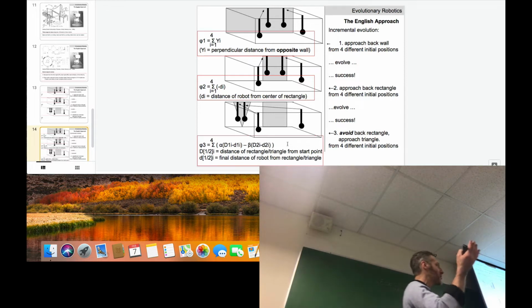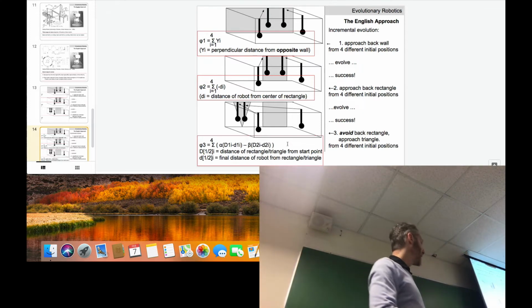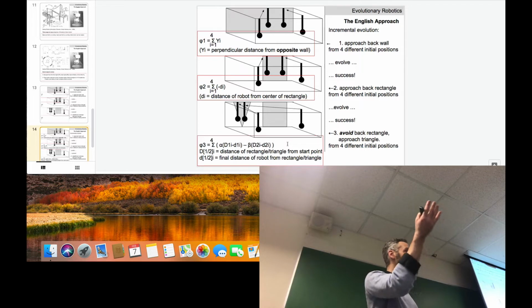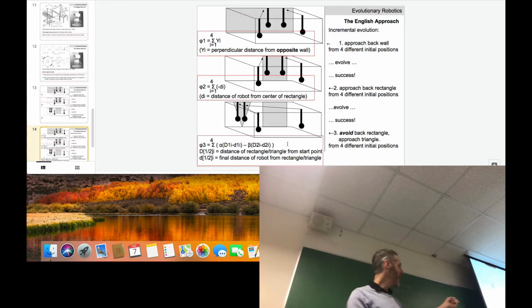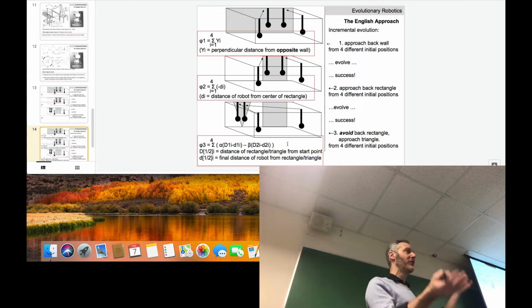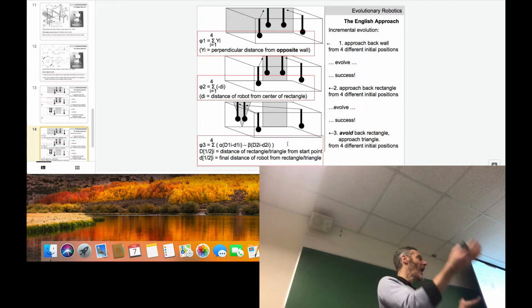Evolution is always trying to strike a balance between these two things. It can clearly not maximize its distance from the rectangle, because as it moves towards the triangle, in a lot of cases, it's also getting a little bit closer to the rectangle. So evolution is trying to strike this balance between the multiple things we're asking it to do, and by playing around with weights on the fitness terms, we can sort of tell it how to strike that balance.